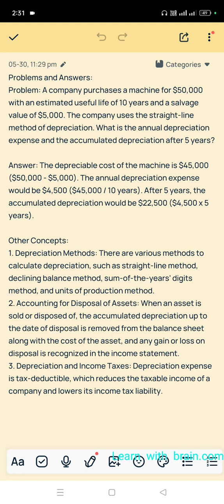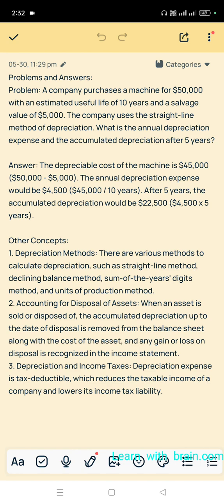Next, second concept, accounting for disposal of assets. When an asset is sold or disposed of, the accumulated depreciation up to the date of disposal is removed from the balance sheet along with the cost of the asset, and any gain or loss on disposal is recognized in the income statement. Do you understand? When an asset is sold or disposed of, we have to reduce the accumulated depreciation up to the date of disposal.